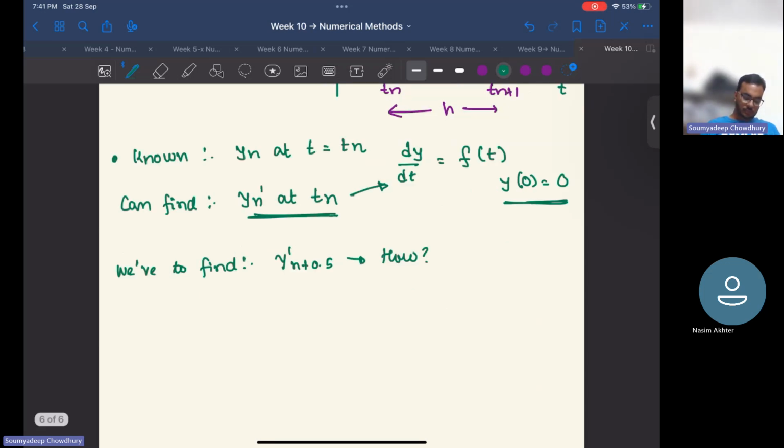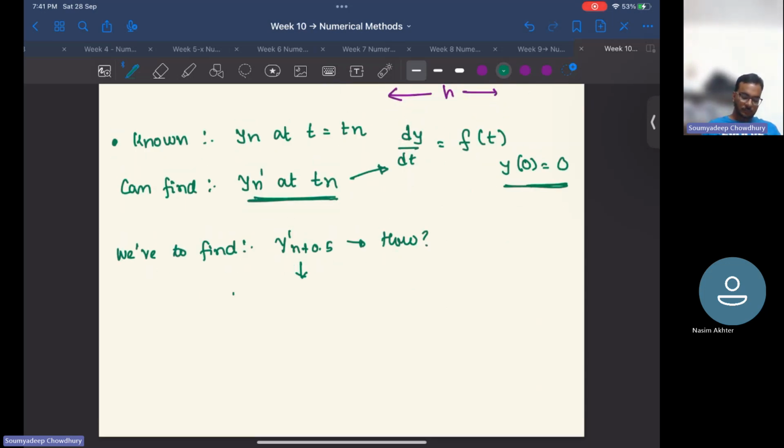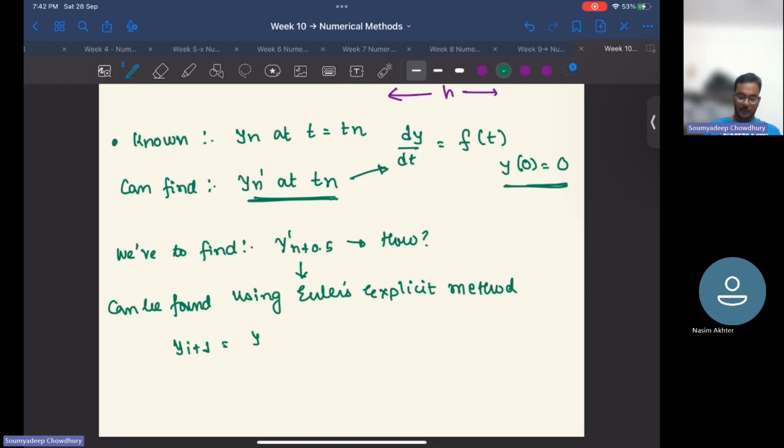This can be found using Euler's explicit method. What was my Euler's equation? yi plus 1 equals yi plus h f of xi, yi. Now you have to be very careful here.